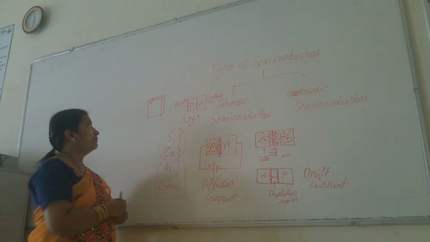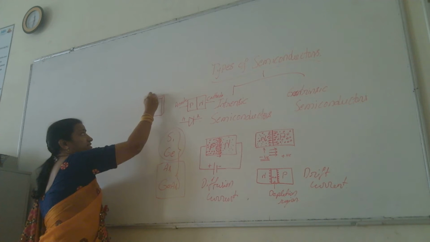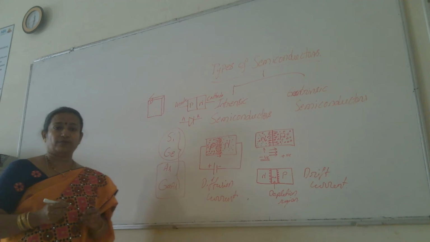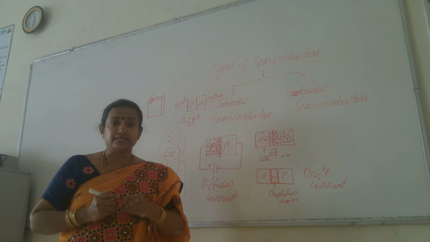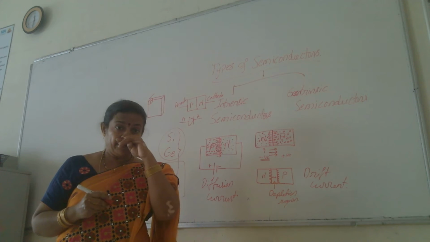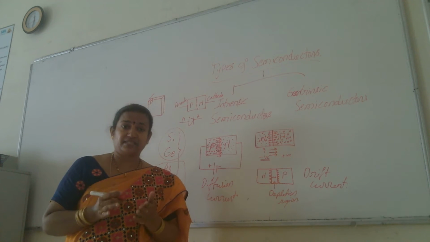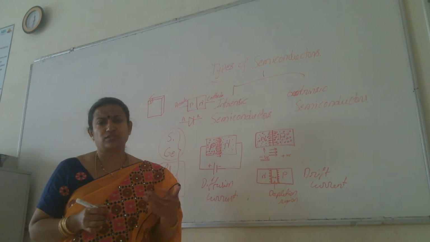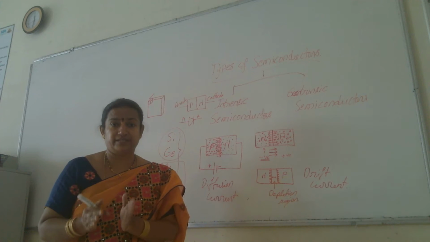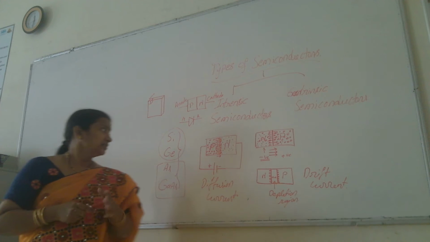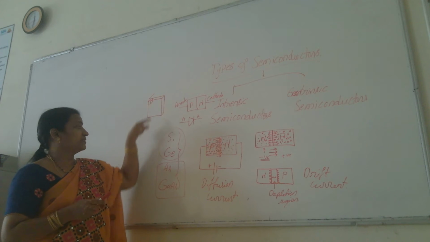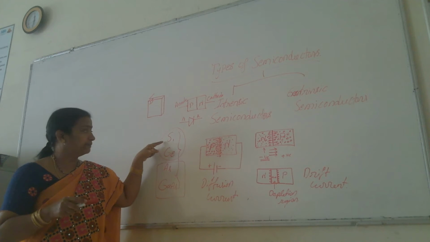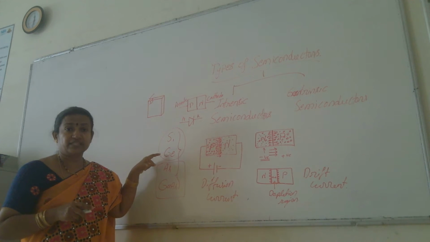That is, the number of charge carriers present in this cubic size of silicon is lesser compared to germanium, whether electrons or holes, whatever it is. So the number of charge carriers present in silicon is lesser compared to the number present in germanium.